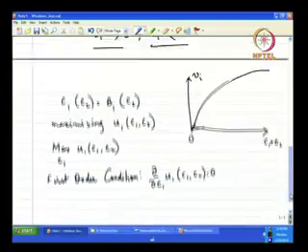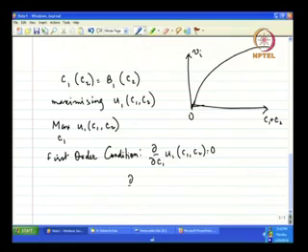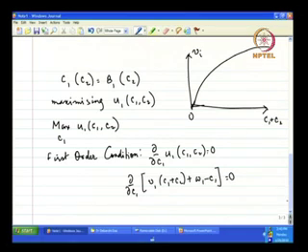So this is V1 of C1 plus C2 plus W1 minus C1. This has to be equal to 0.